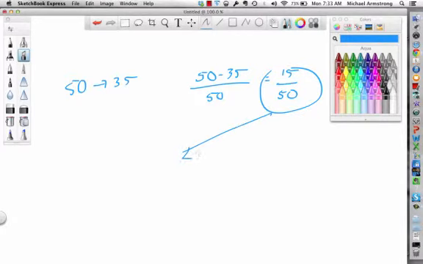This one, you can still use a calculator, 15 divided by 50. But in this particular case, it's actually easier and quicker to change it to a fraction out of 100. 50 times 2 is 100, so 15 times 2 is 30. That means we have 30%.